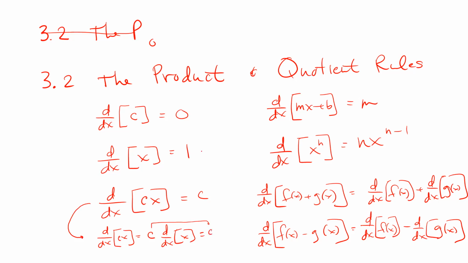And then notice that the derivative of x is just 1, so c times 1 is just c. So we have that. So we can pull a constant out of the derivative function. So constants can be pulled out. That's cool.